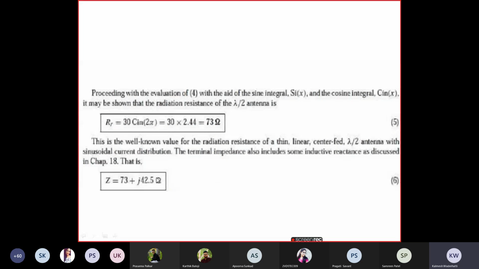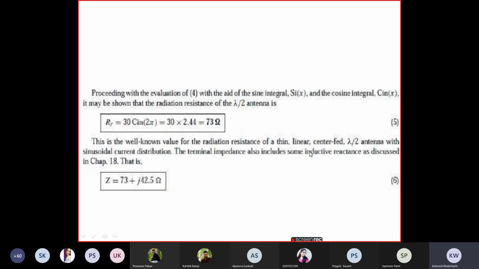Again, we will be discussing this content in chapter 18 of this textbook, if time permits. Just remember, the sine integral is referred to as Si of x, and the cosine integral as Ci of x. Therefore x will be 2 pi, so 30 into 2.44, and with this value you will get 73 ohm.